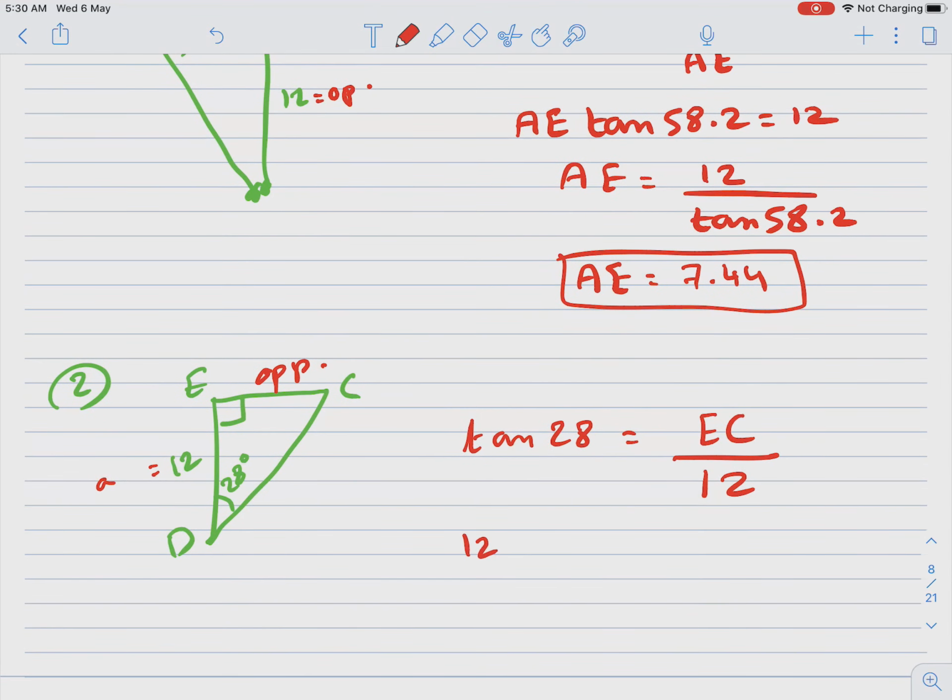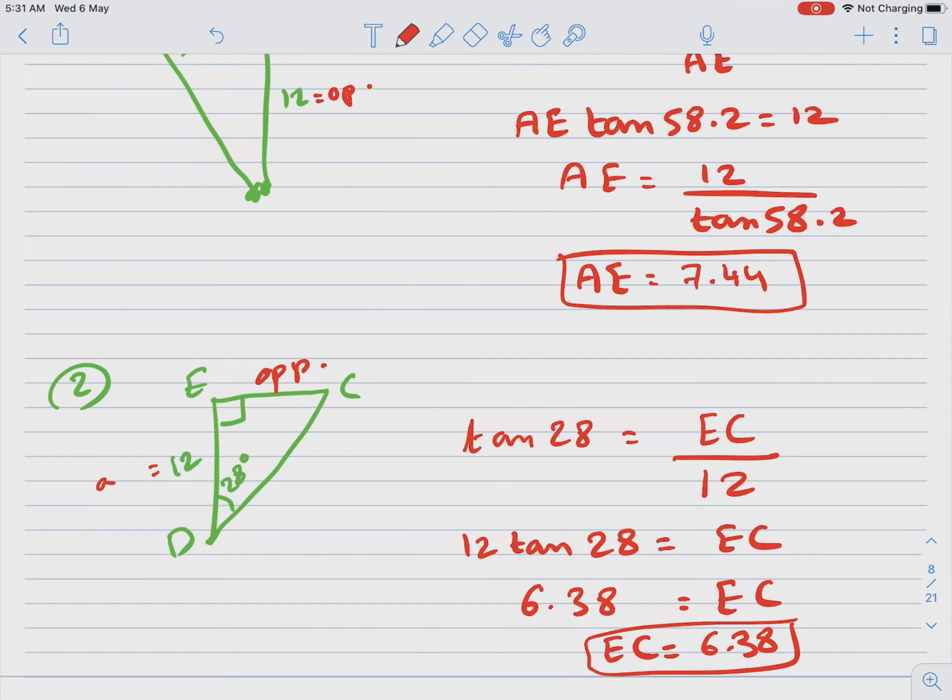Then 12 tan 28 is equal to EC. Then EC is equal to 6.38.